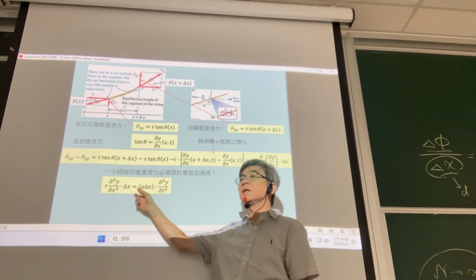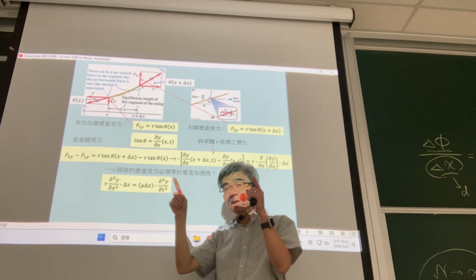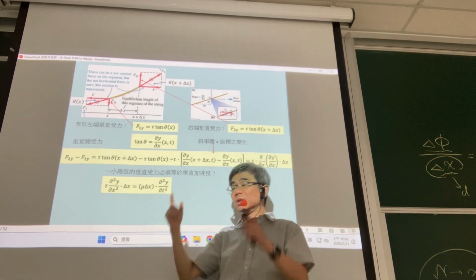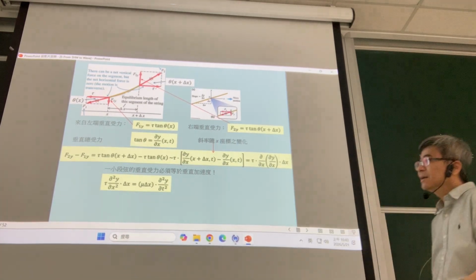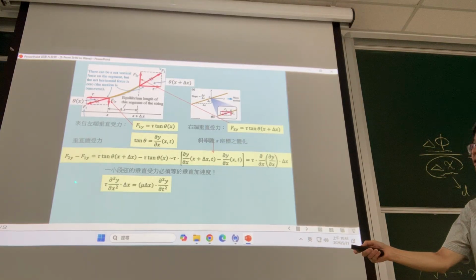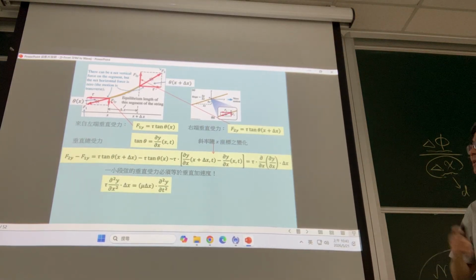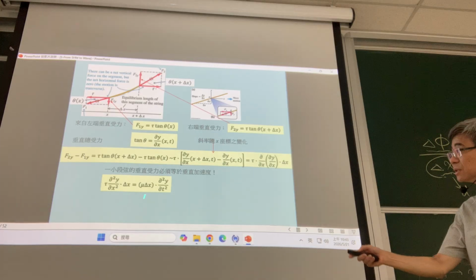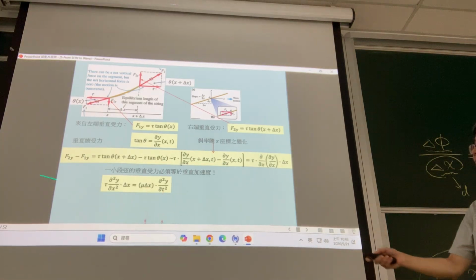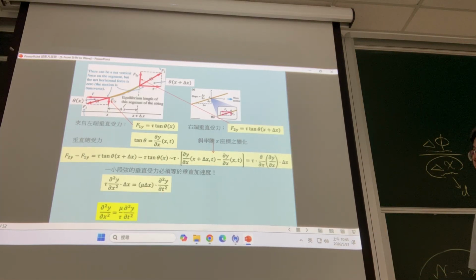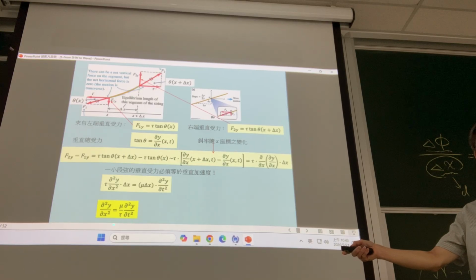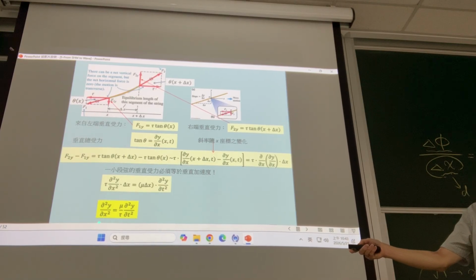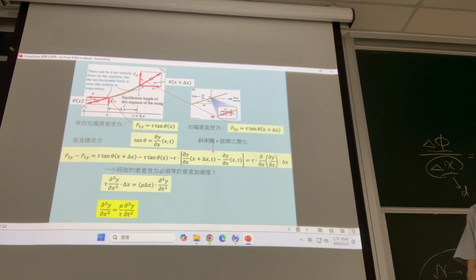So mass per unit length times the length of the segment is the mass of this segment. Well done. Then the left hand side is the force, the right hand side is mass times acceleration. Cancel out delta x, and taking tau to the right hand side, we arrive at the same wave equation as we derived from the oscillation system.